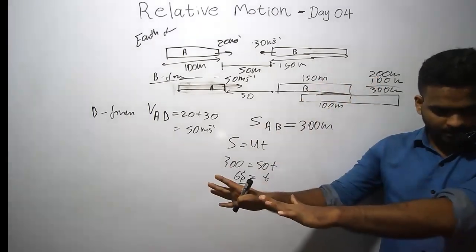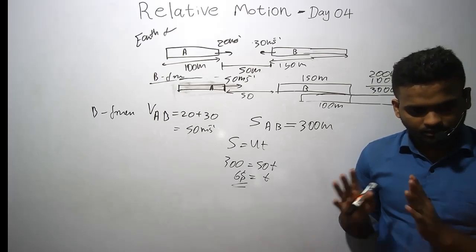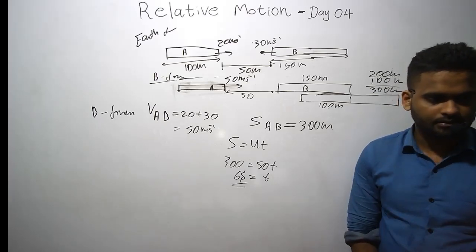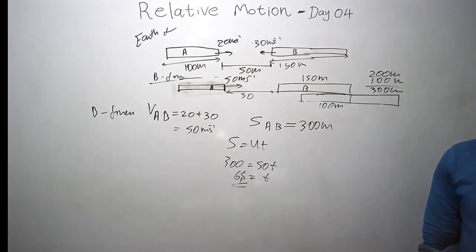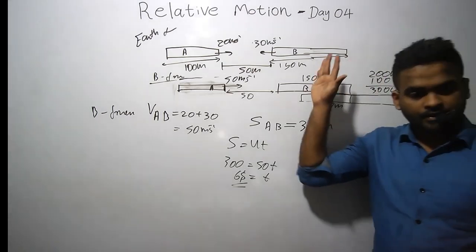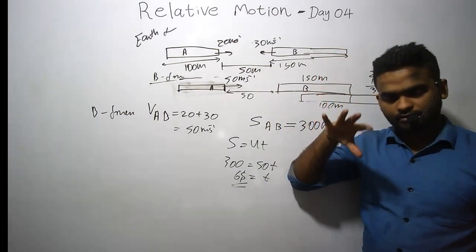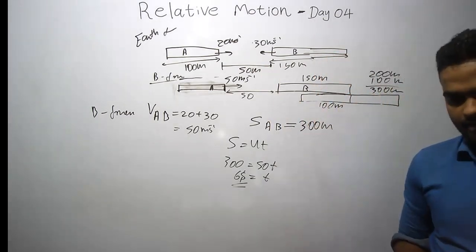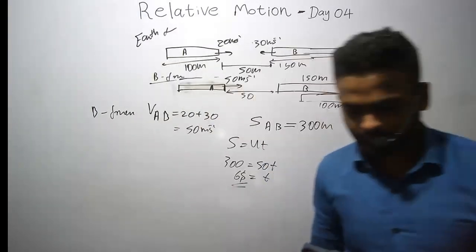So we stop one, right? Then you have to think only about one thing, one object. Thumbs up, right, if you've taken it down. Right. So up to here, if you have clearly understood, you have a good understanding of relative motion, right?